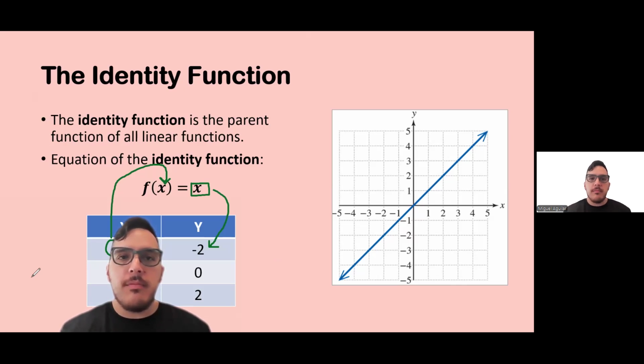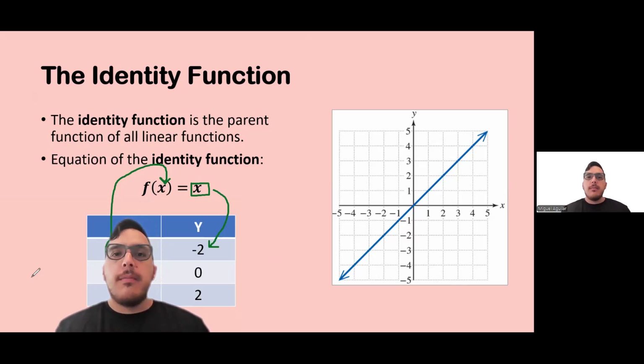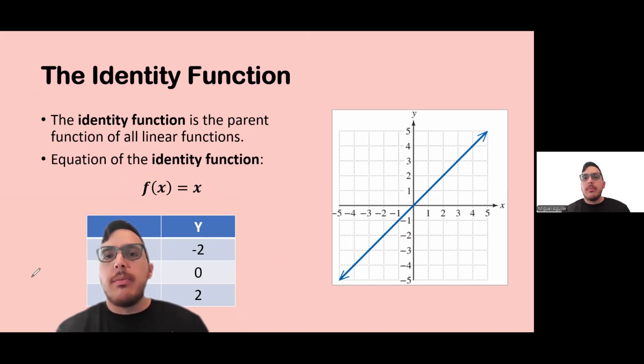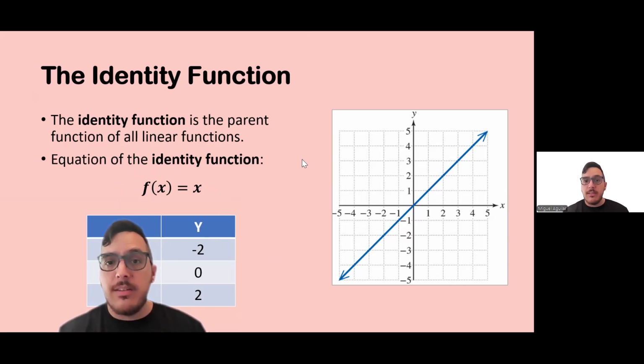Okay. That might seem like a lot of information right now, but remember, linear functions are just going to be perfectly straight lines, and that is how we need to think about this right now.